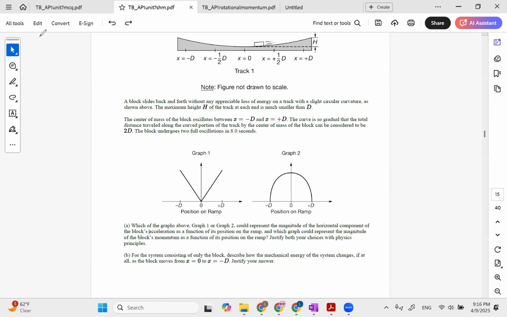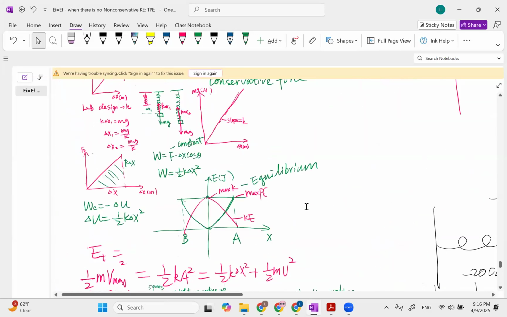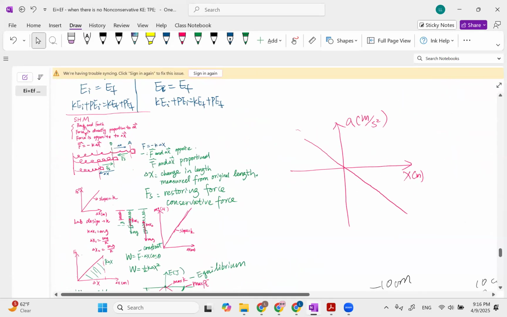A equals negative K over M times X. Yeah. So theoretically, A versus X should be a linear line with a negative slope. Why is it negative? Because it's the opposite direction.